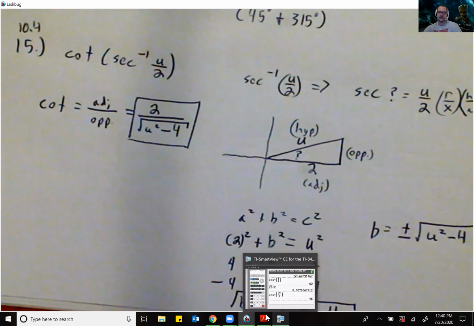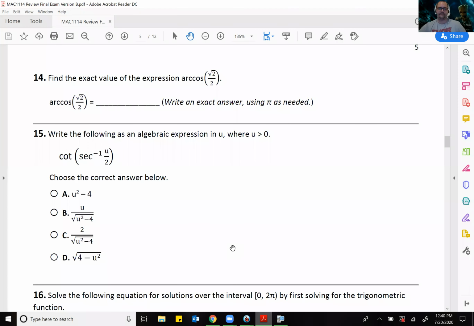So let's go back and look. The only one that looks like that is C. And there's your answer: the 2 over the square root of U squared minus 4. Again, we don't worry about the plus or minus, because it says right here, U is greater than 0. So that's why we only worry about the positive version of it.